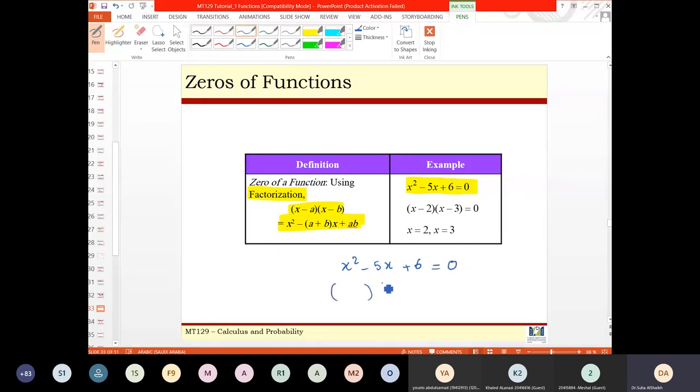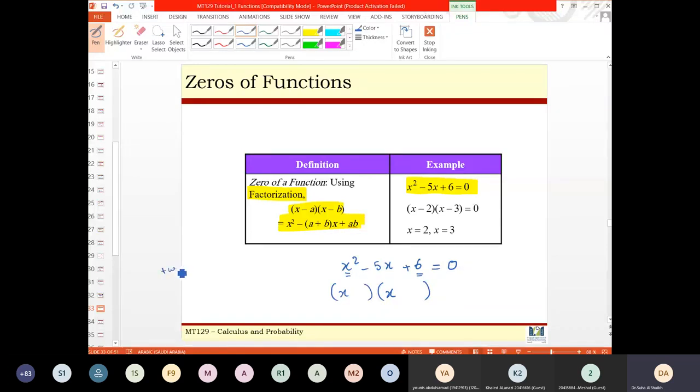We factorize this into two brackets. It is a second degree thing, so it can be factorized into two brackets. And x squared can be x and multiply with x. The 6, I make it a multiplication of two numbers such that their sum is equal to minus 5.